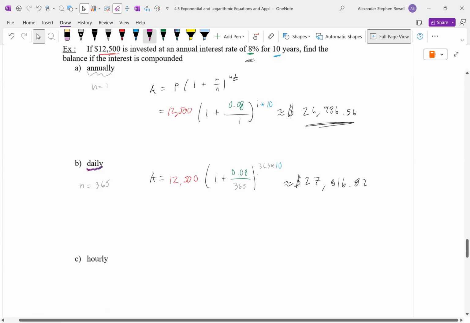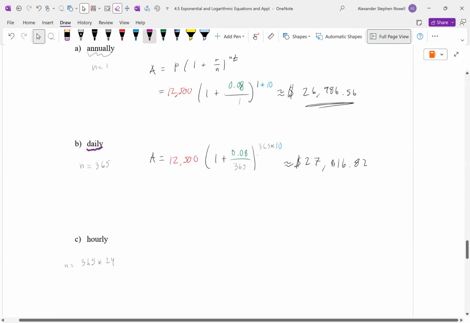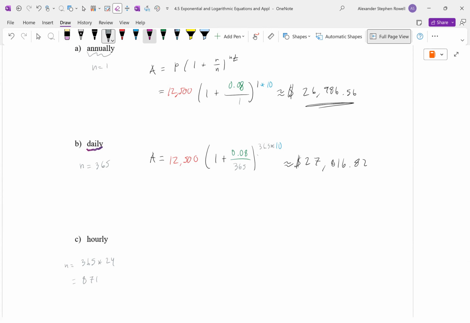Okay, what if we compound the money hourly? What does that mean? We earn interest on our interest every hour instead of every day. So what is n in this case? 24 hours a day times number of days equals 8,760 hours in a year.